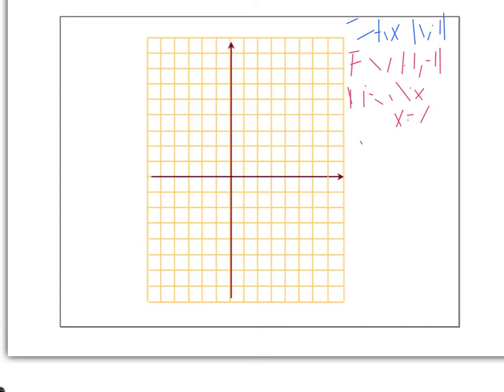We know that this parabola opens to the left. We know that we have 2 additional points on the parabola found at (-1, 5) and (-1, -7). So we're going to use that information to help us graph this.